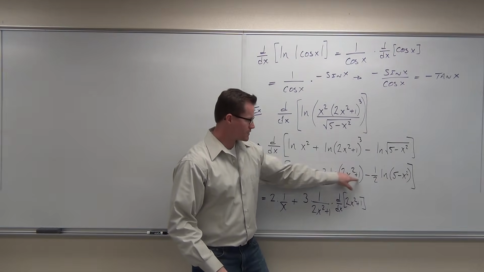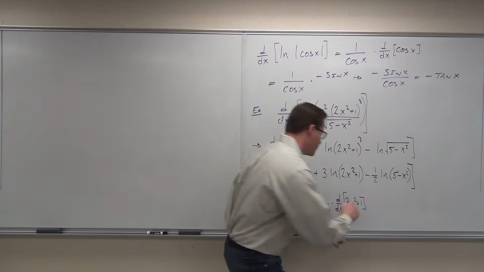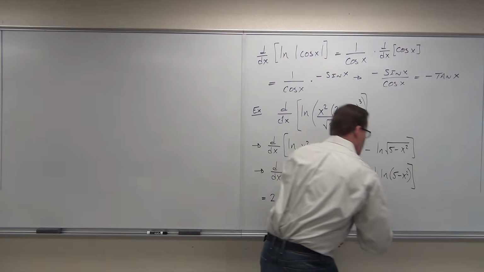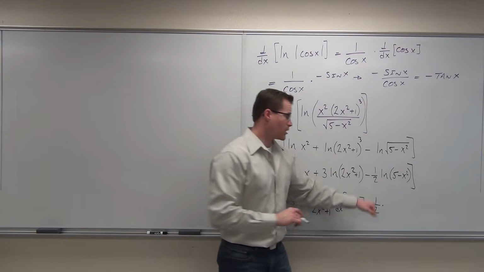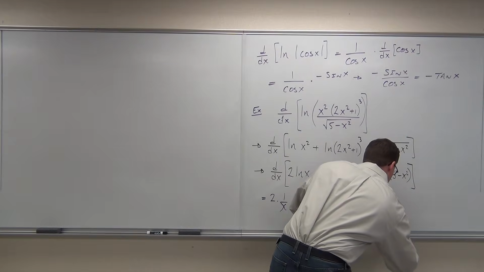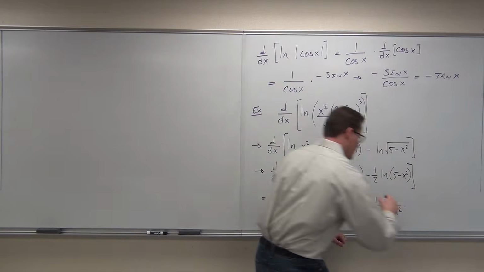Derivative of ln of this nasty junk, we put 1 over the inside times derivative of the inside. Minus, again we leave the 1/2 there. Derivative of ln of 5 minus x squared. Well, we do 1 over the inside times derivative of the inside.